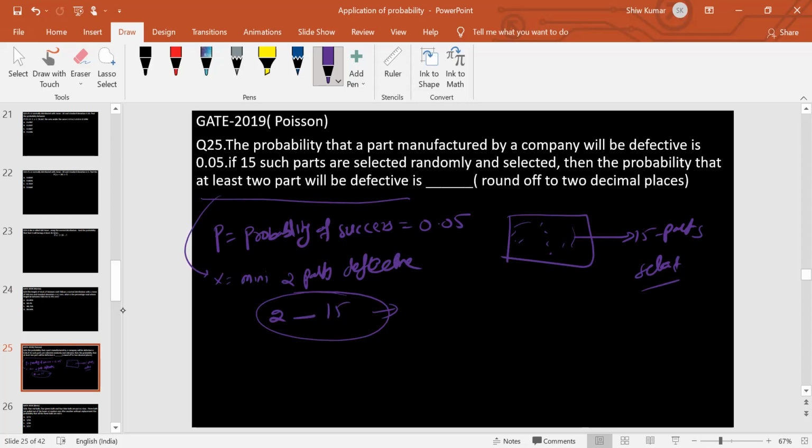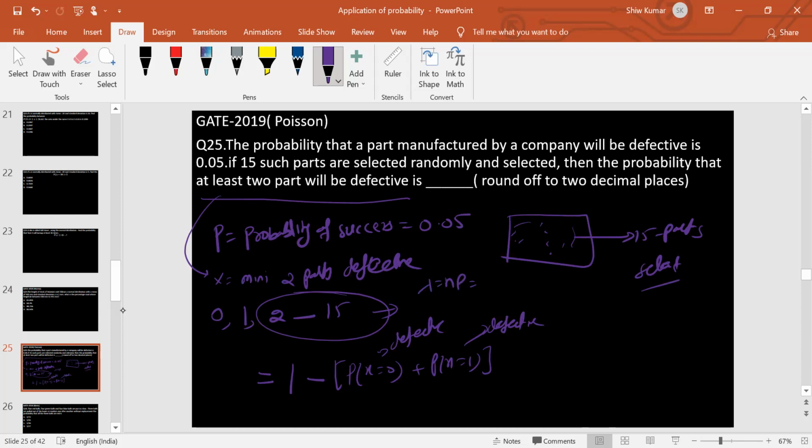So what I do, before 2 there is 1 and before that 0, and I know that the total probability is 1. Now from this 1 we will subtract the probability of getting x equal to 0 defective plus the probability of getting x equal to 1 part defective. Now I need to find lambda.